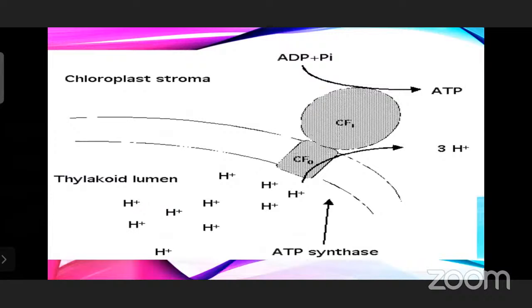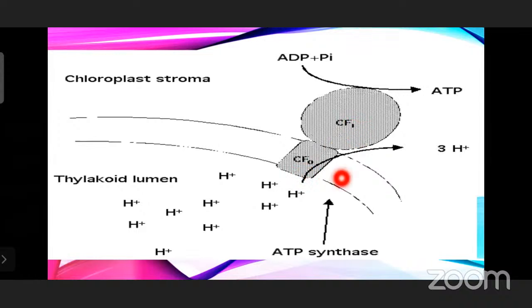You can see clearly here. This is the thylakoid lumen where proton accumulation, or higher gradient, is there. And this is the stroma of the chloroplast where protons are less now. So there is a gradient difference. From higher concentration, the protons have to move to the lower concentration. They cannot move through the lipids, so they take the help of these embedded protein molecules, the F0, F1 particle.